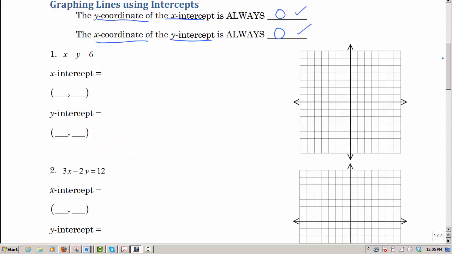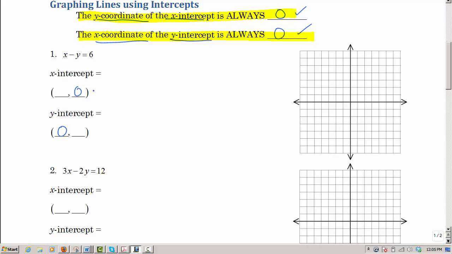So that's going to help us out on how to graph using intercepts. Number 1, graph, instead of making a t-chart, we're going to find the intercepts. So how do we do that? Well, we're going to come back up here and use those two facts. The y-coordinate of the x-intercept is always 0, and the x-coordinate of the y-intercept is always 0.